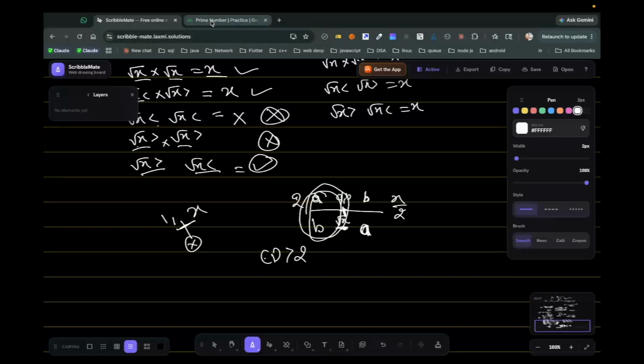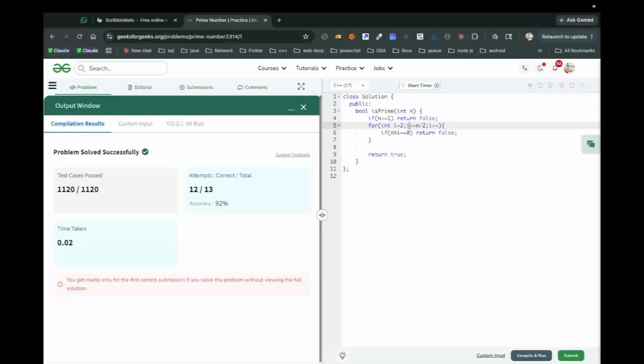So let's see. We'll start with i = 2, and i multiplied by i is less than or equal to n, which is basically i is less than or equal to root of n, i plus plus. Now if any number can divide n, then it is not a prime number, else it is a prime number.